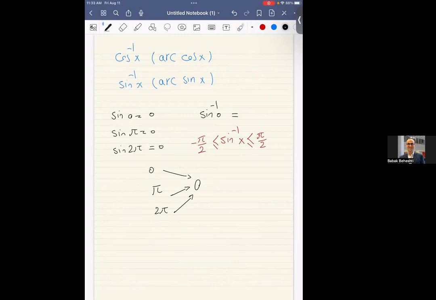So if you just look at minus pi half to pi half, let me make a small chart.